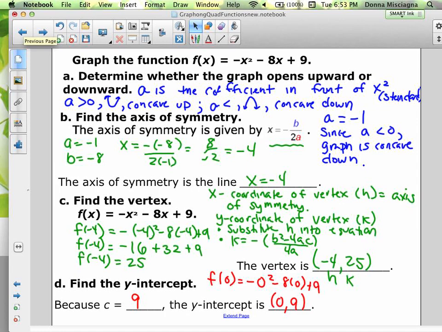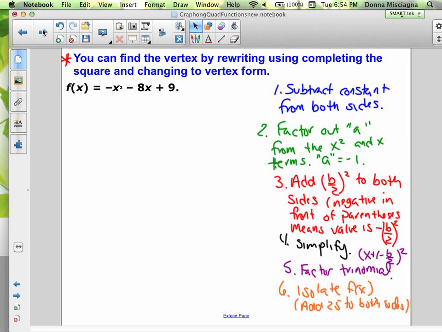So before we find the x-intercepts, let's look at how to find the vertex by rewriting it from standard form to vertex form. So you can find the vertex by rewriting using completing the square and changing to vertex form.